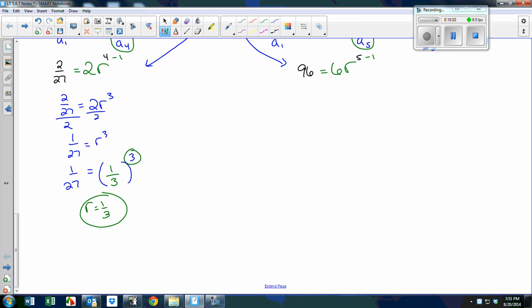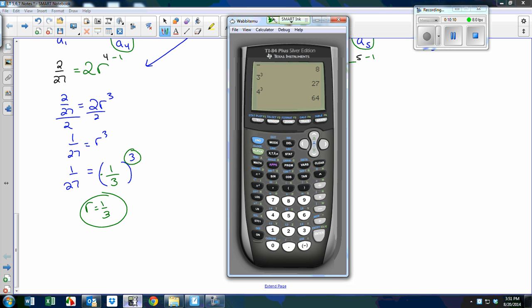Now this exponent is 3. So if we attempt to make the 1/3 negative and raise it to the third power, negative 1/3 times negative 1/3 times negative 1/3, negative 1/3 to the third power is going to give us a negative 1/27, and that's not the same thing.